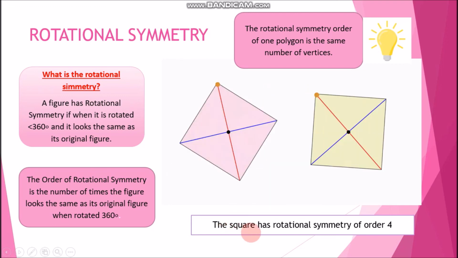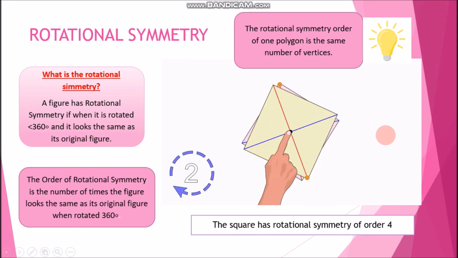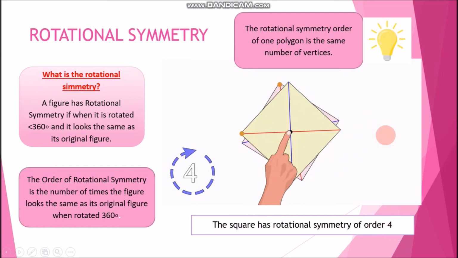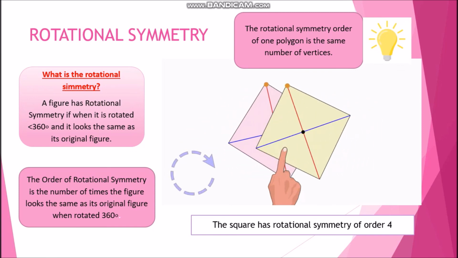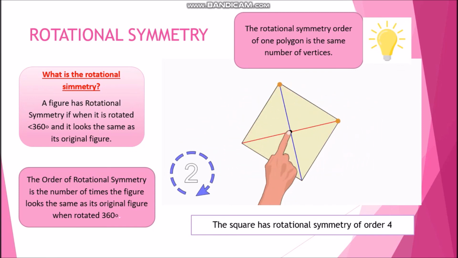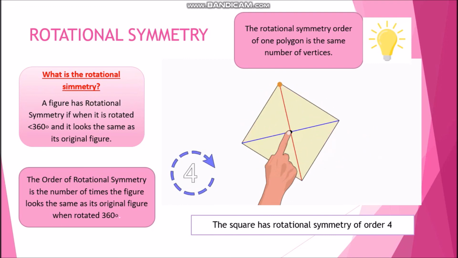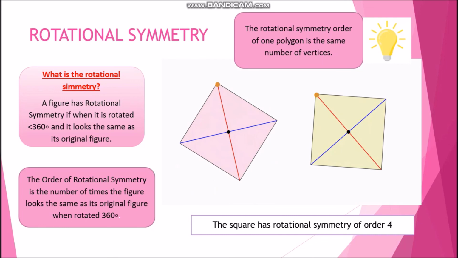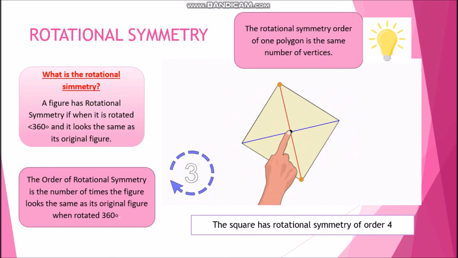The square has rotational symmetry of order 4. Entonces, puedo girar un cuadrado 4 veces, girarlo completamente, es decir, 360 grados 4 veces y conservo siempre la misma figura.